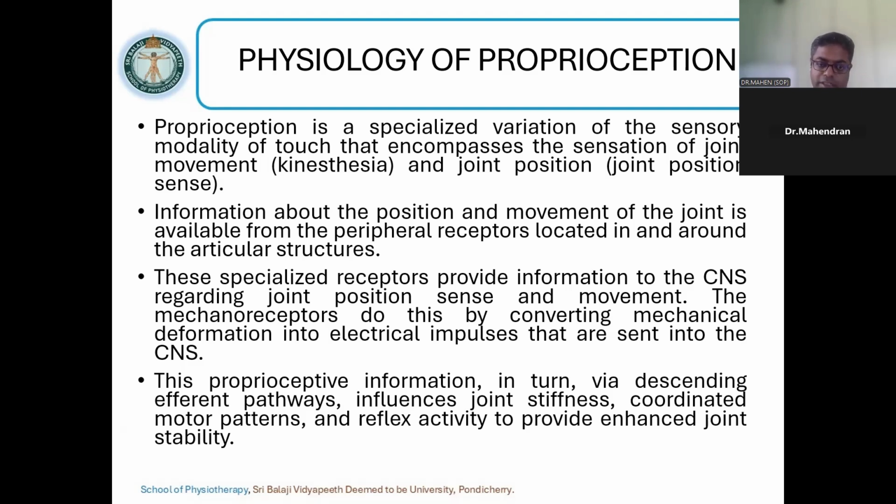These mechanoreceptors do this by converting mechanical deformation into electrical impulses that are sent to the CNS. So the proprioceptor is a kind of mechanoreceptor. There are many varieties of mechanoreceptors. The proprioceptor is one type of receptor, and its main function is to sense the joint position and the joint movement.